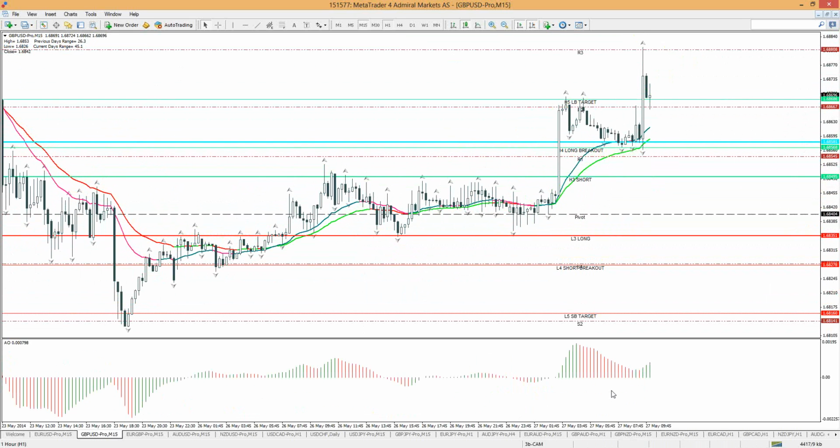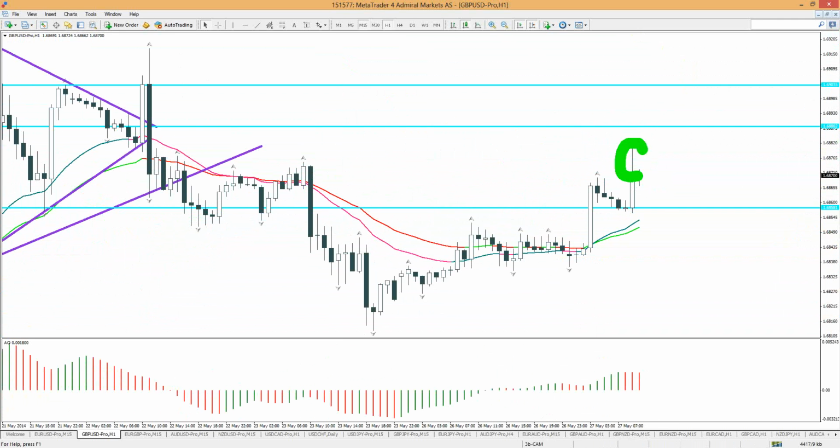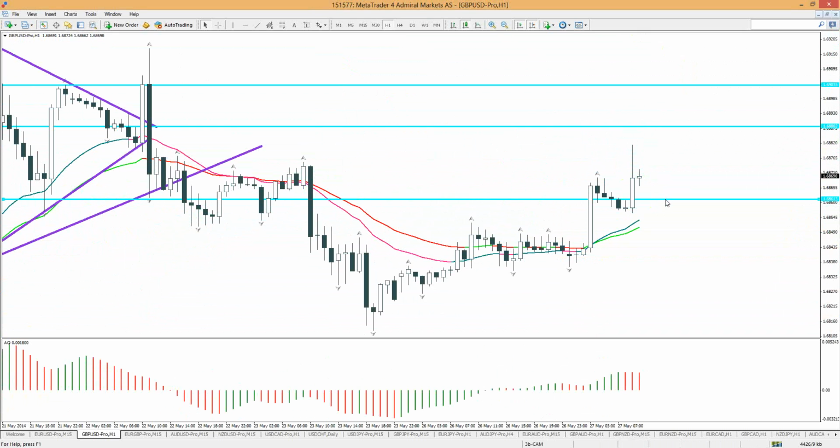I would say we can definitely expect some more upside. But we do have a bit of a wick here. Anything that maybe comes back to, for instance, 138.60 could be a retracement for more upside. Could be a good hook back for more up. Moving averages are pointed up.